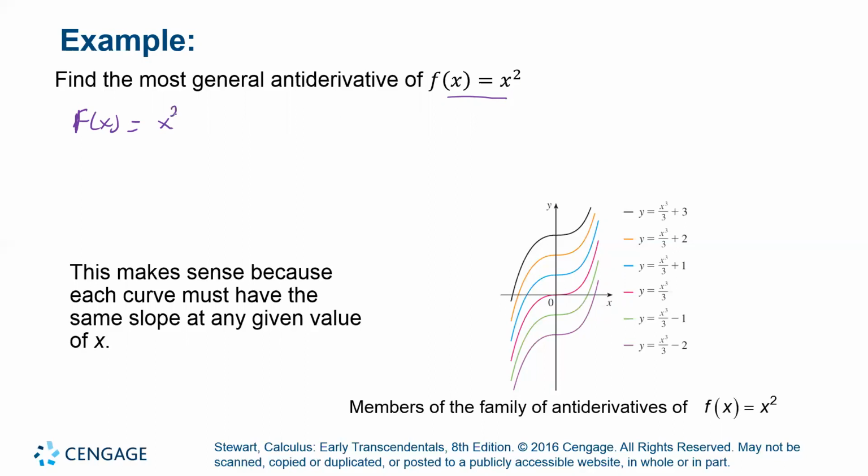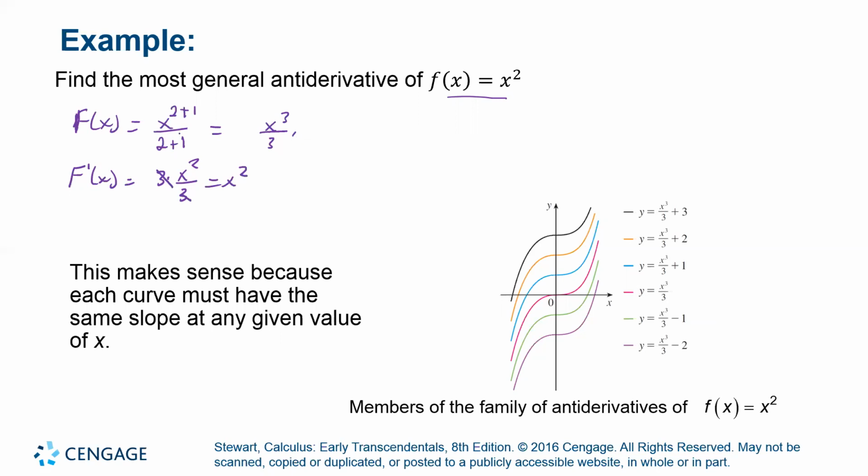Now you notice that if we add 1 to the exponent and divide by the same exponent, this will give us x cubed divided by 3. So let us test if this is true. Let's find the derivative of capital F of x, which will give us 3 times x to the 3 minus 1, which is 2, divided by the 3 which was already there. And this 3 will cancel out, so that gives me x squared.